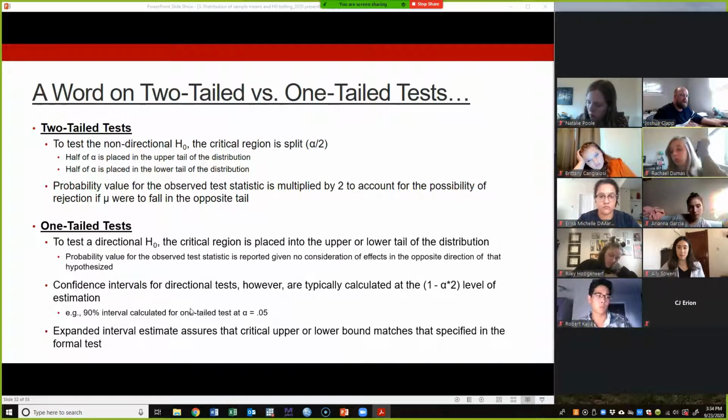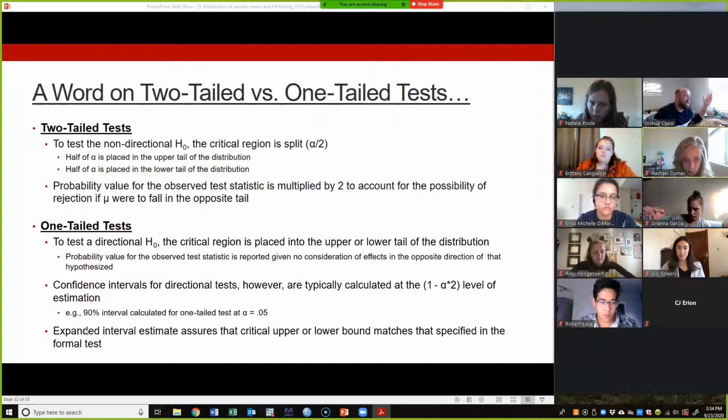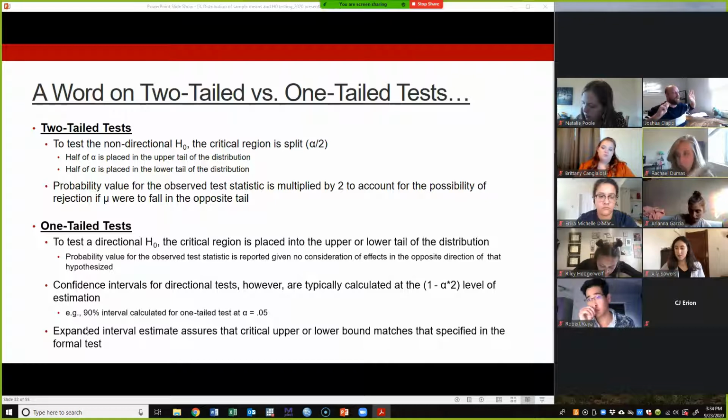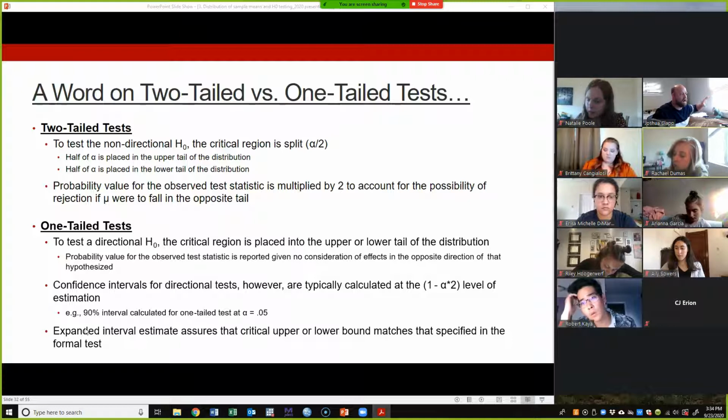So we typically see people, if they're doing a one-directional test and want to calculate a confidence interval, and my alpha is 0.05, calculate a 90% confidence interval, and then just worry about one tail. Because if it's in the opposite direction, who cares? It's not even going to be a concern. I calculate a 90% confidence interval specifically so that all of my alpha level, all of my type 1 error tolerance, is going on the upper end.